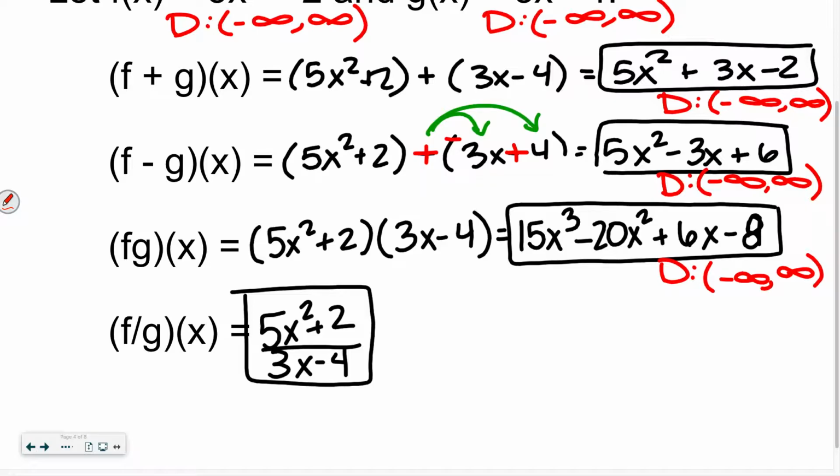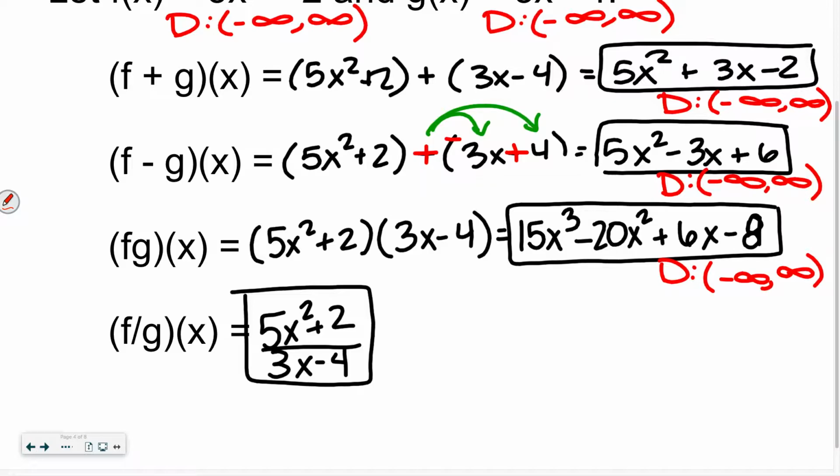Write that in interval notation. Always put our domain in interval notation. Use interval notation to represent your domain. You guys decide your domain? So what is your issue with division?